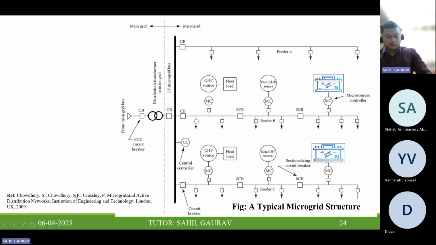Now, similar to our DG integration in the power system, we can have a structure for the microgrid. So this is the feeder which is connected to the main grid bus, and these are the substation part where circuit breaker and transformer are present.